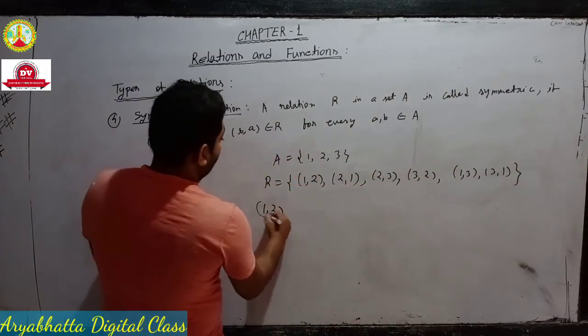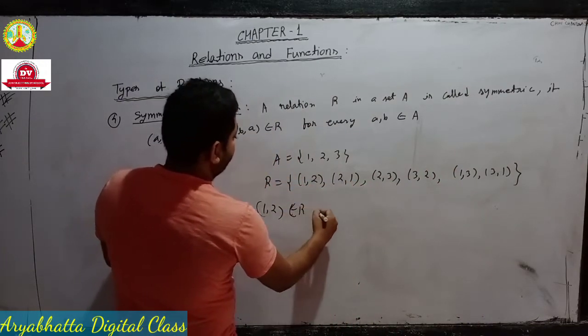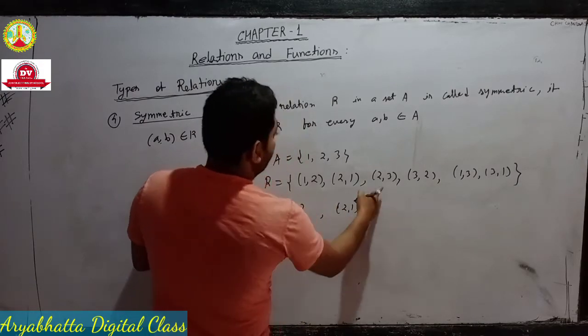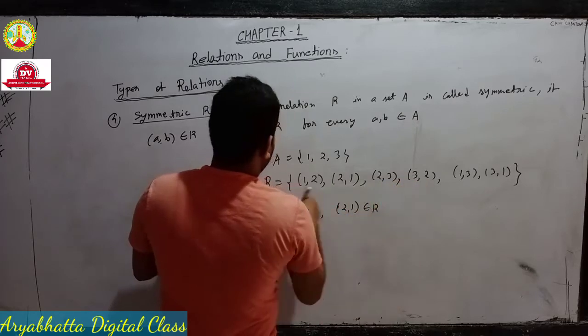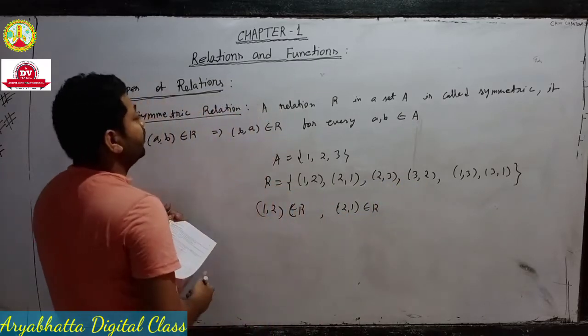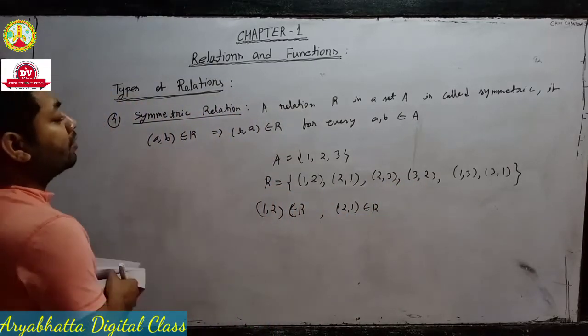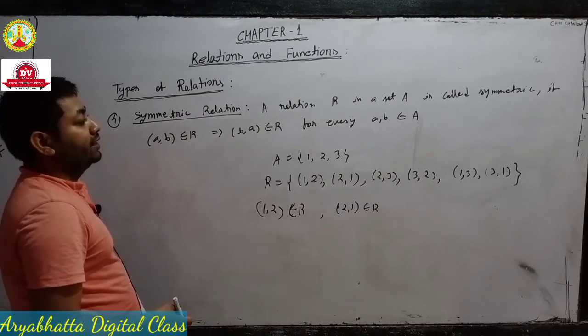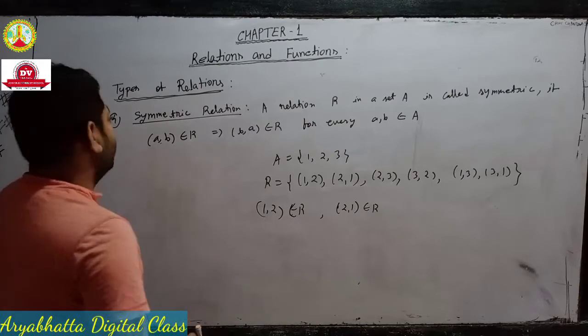Here (1, 2) belongs to R and (2, 1) also belongs to R. (2, 3) belongs to R, also (3, 2) belongs to R. Therefore, this relation is called a symmetric relation. If (a, b) belongs to R, then (b, a) belongs to R, for every a, b belonging to set A.